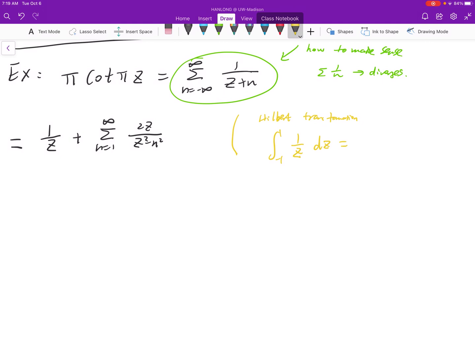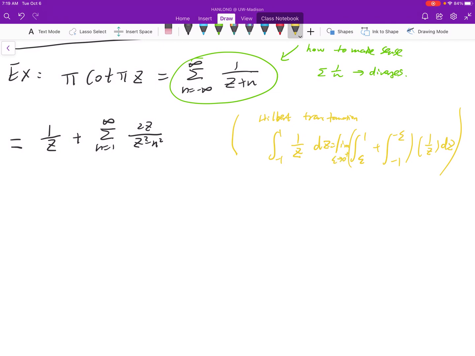Okay, then the idea is we truncate it just in a symmetrical way. So from negative 1 to negative epsilon plus epsilon to 1 of 1 over z dz, and then you take a limit, epsilon goes to 0.